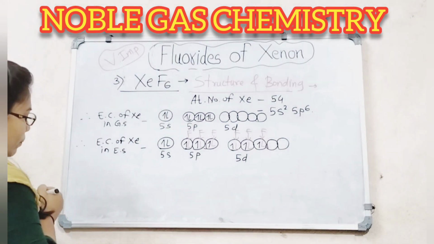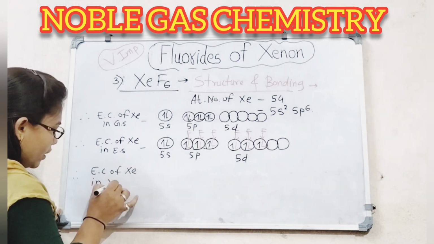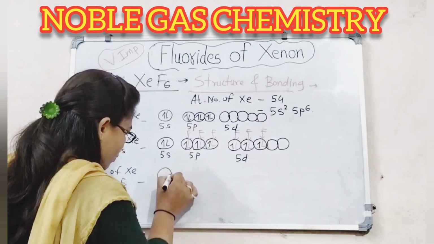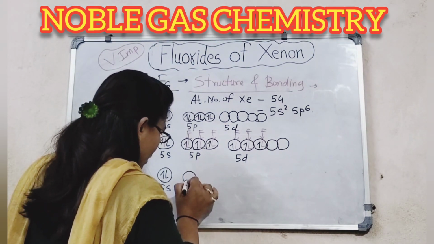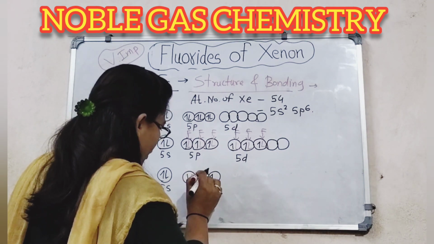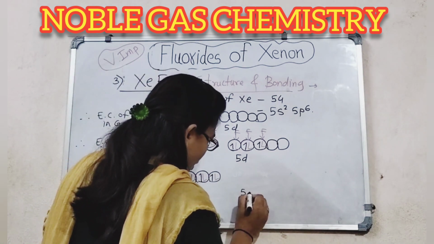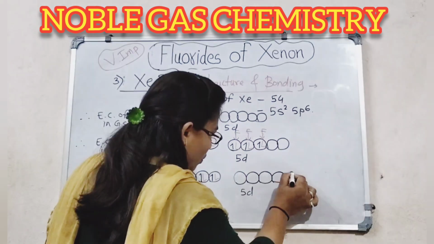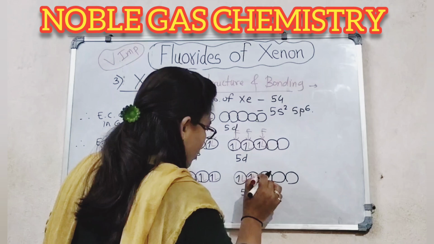Therefore, the electronic configuration of xenon in xenon hexafluoride is 5s2, 3 electrons of xenon and 3 electrons of fluorine in p orbitals, and in d orbitals 3 electrons of xenon and also 3 electrons of fluorine.